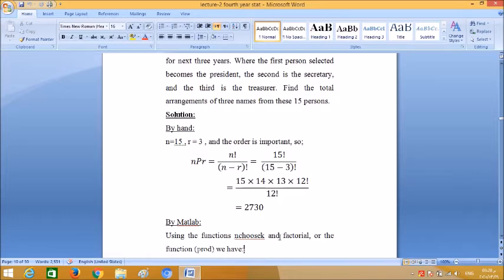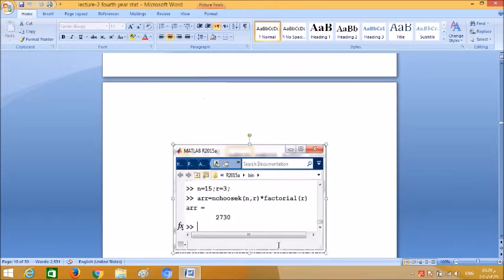So we can compute permutation using combination and factorial. Okay, let us do that. N equal 15 and R equal 3.